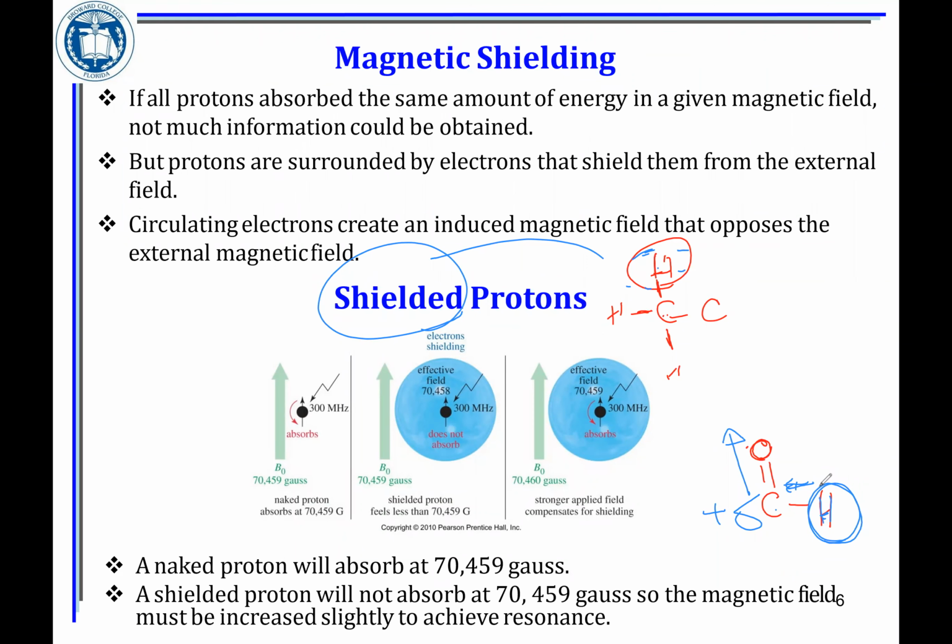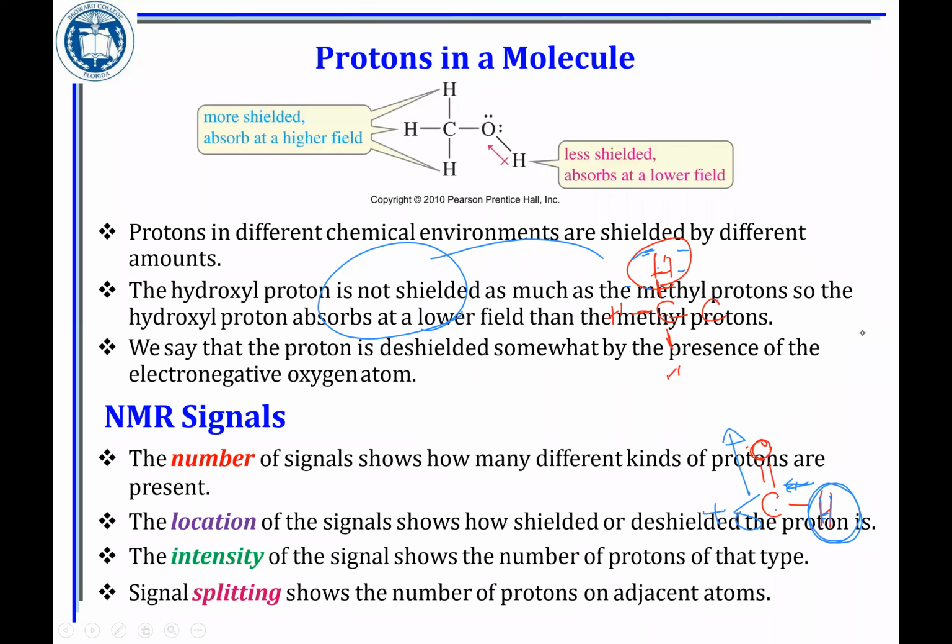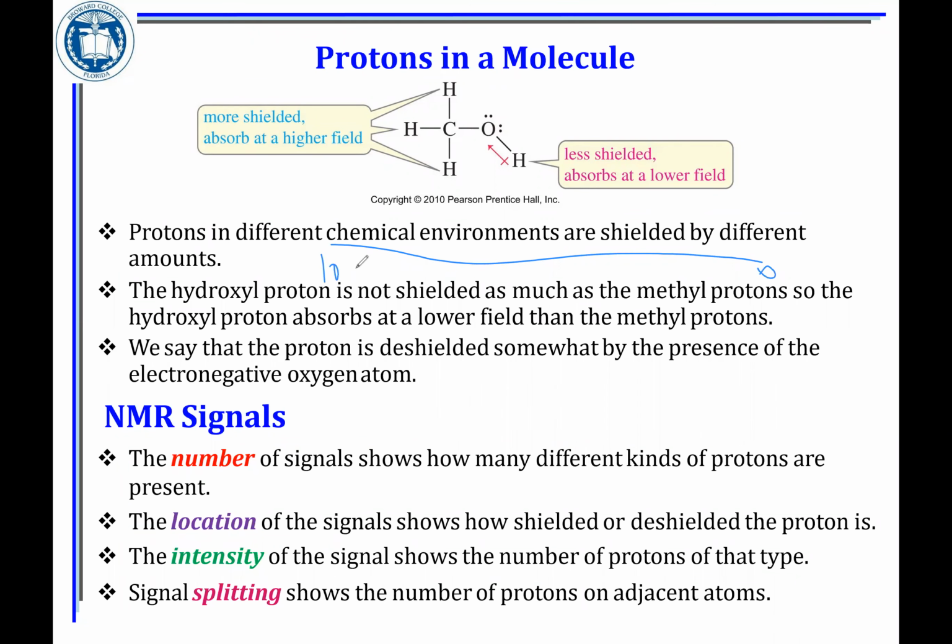Now, what's going to happen in the NMR spectrum when you get a signal, you will see that you have signals in different locations of the NMR. Let's say you have a 0 here and 10 here, and you have an internal standard, and that is known as the TMS. The TMS is the most shielded hydrogen because Si has lower electronegativity compared to carbon.